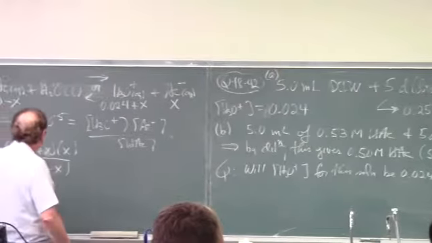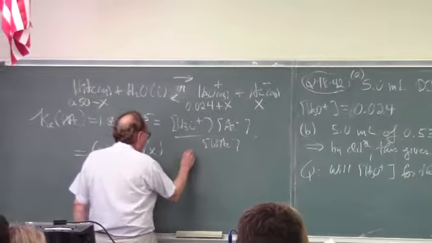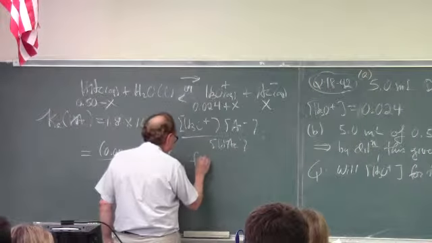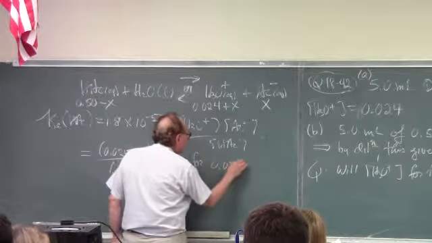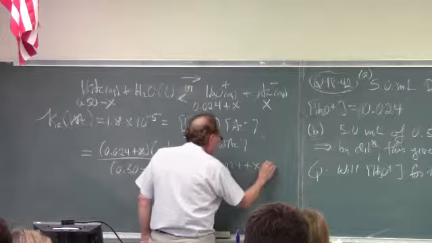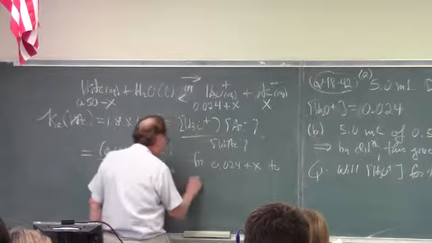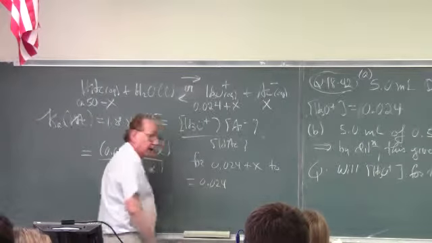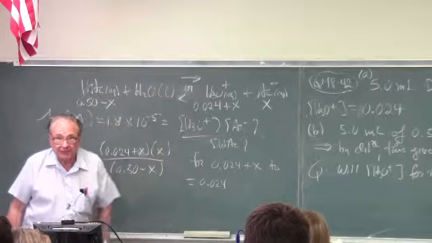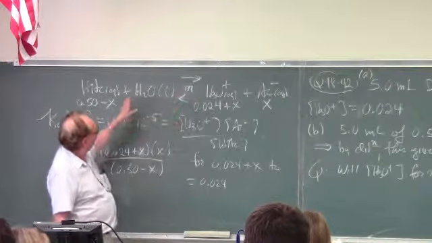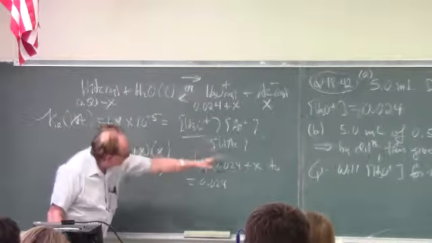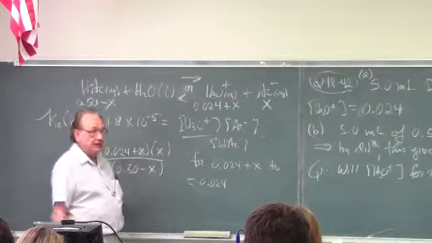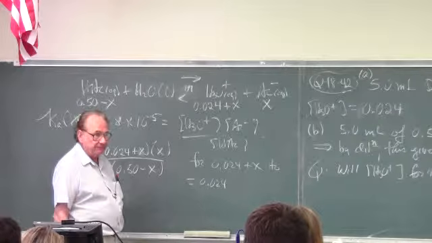Now then, 0.024 plus X equal to 0.024. In other words, we're operating on the basis that perhaps this equilibrium reaction, which is going to be established in this system, no question about it, will not make a measurable contribution to the hydronium ion concentration.